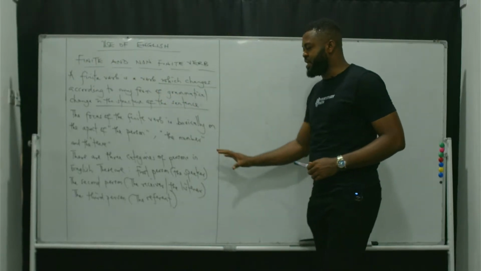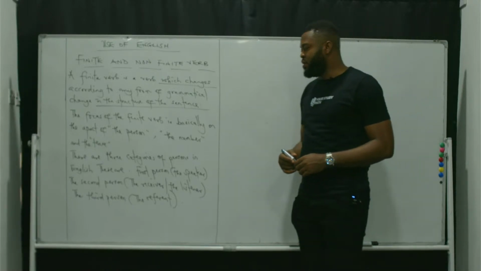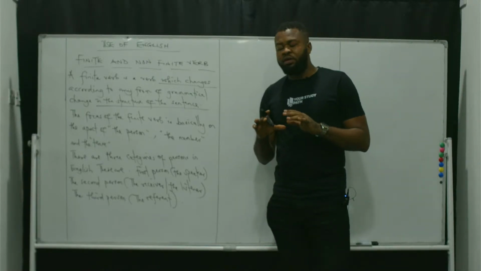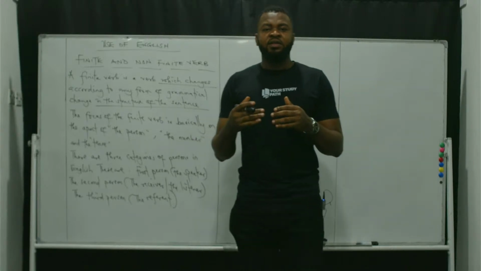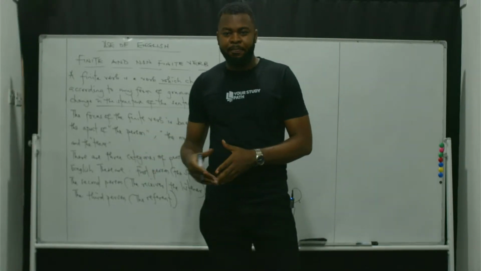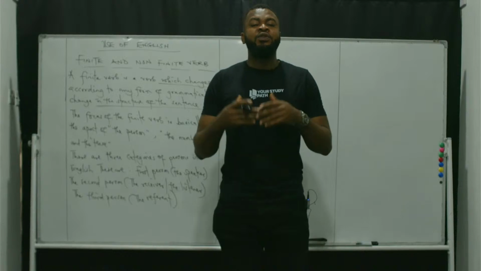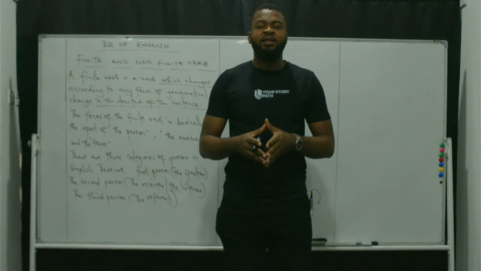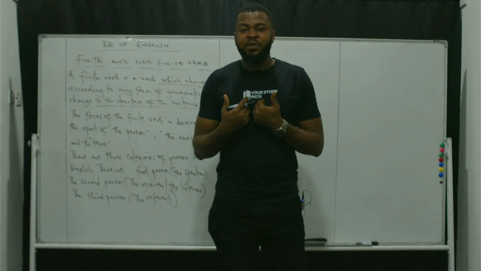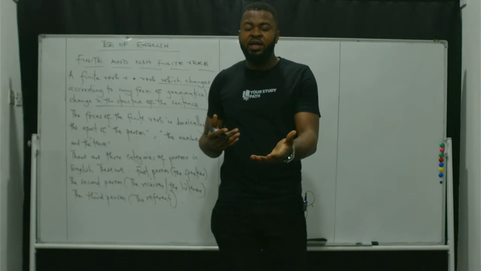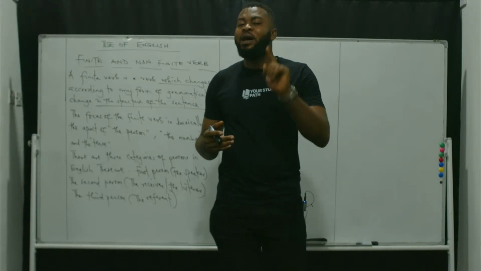Now, this is just the first aspect in the category of the finite verb. So when you talk about the first person, this is basically the speaker, the convener, the person talking at the moment. For instance, I am the first person because I'm the one speaking, and you are listening.